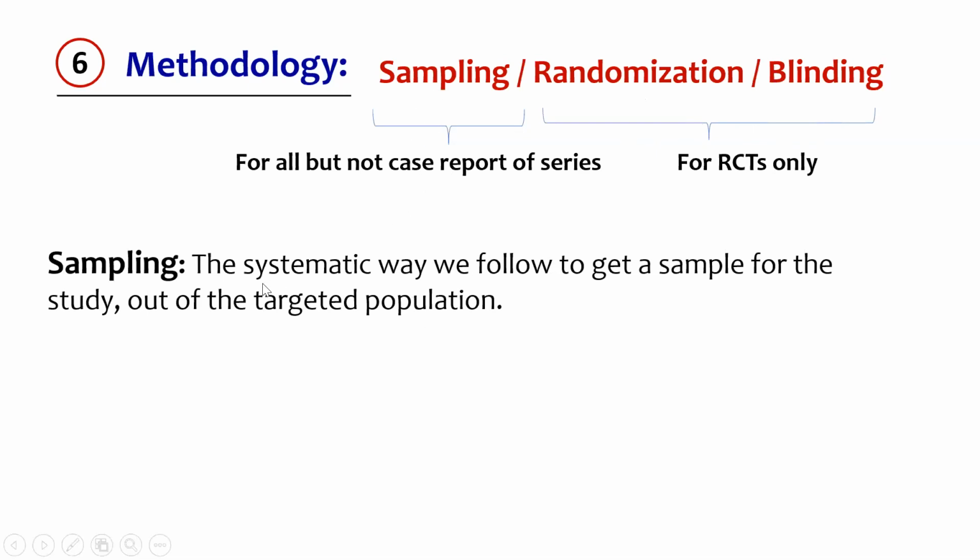Let's start with sampling. Sampling is the systematic way we follow to get a sample for the study out of a targeted population. You may remember that we talked about the philosophy of research, where we examine a small number of the targeted population and then apply the result to that population. So how can we choose this small number, the sample, out of the targeted population?